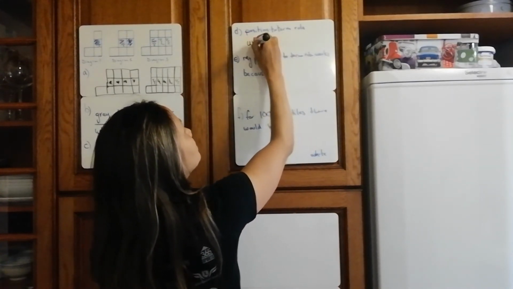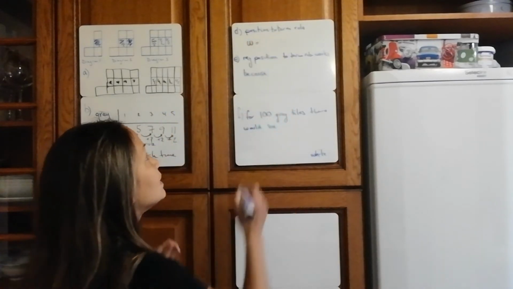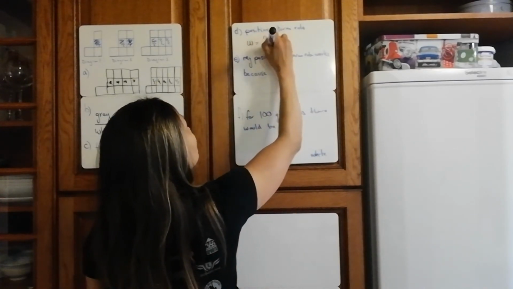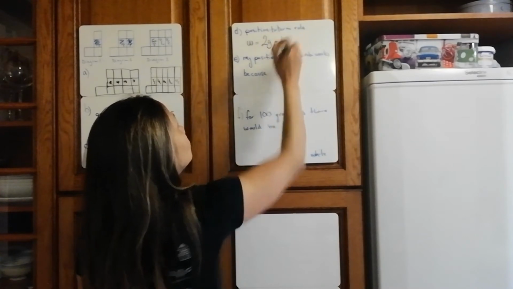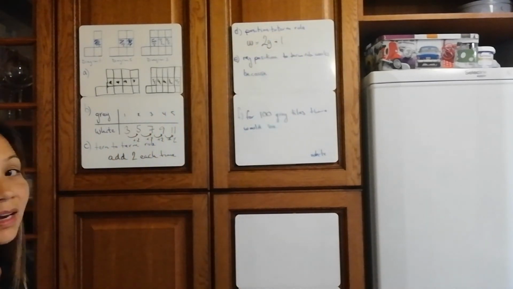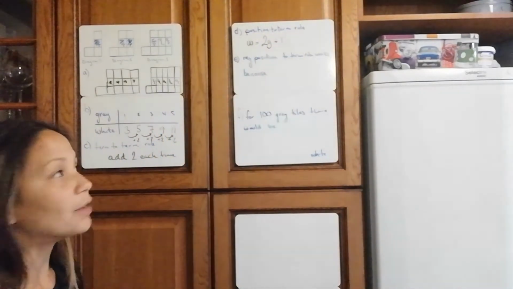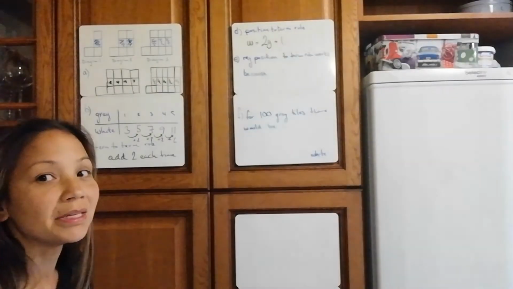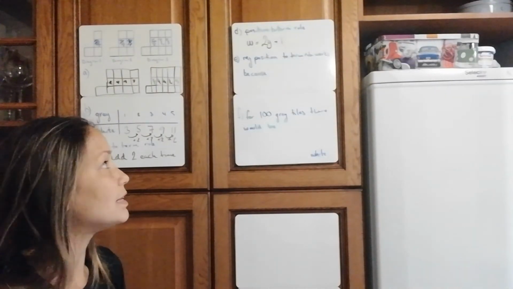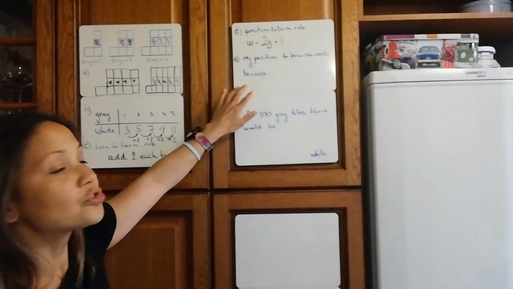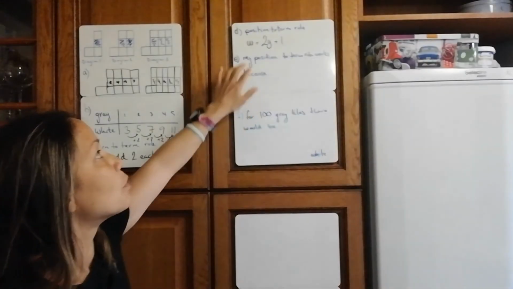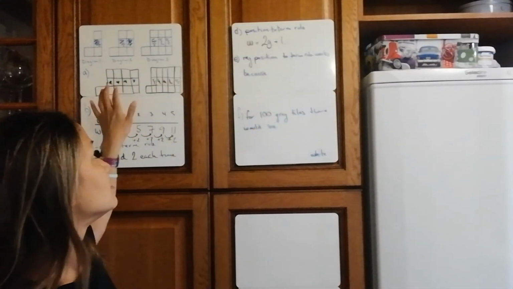W for white is equal to 2 gray plus 1. Okay, and if you're a little bit confused about that formula now, there's a reason why we're starting with these diagrams, because it's meant to make it easier for you. Let's try and figure out if we can understand why that works based on the diagram that we have.